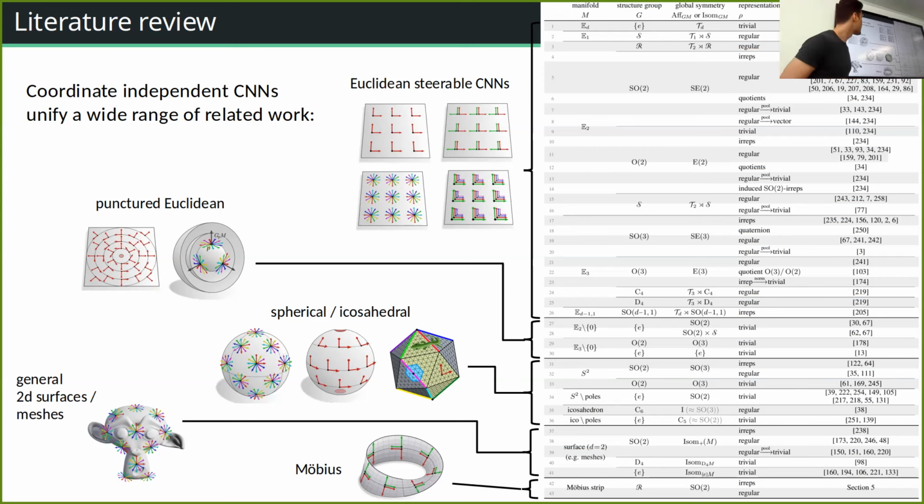So we have different choices of manifolds, different structure groups and G-structures, different global symmetry groups, different choices of field types or representations. And then you see all these things here are citations of different papers. And whatever they developed somehow fits in our framework if we make the right choices here. So it's very, very general, which is usually, if you generalize things mathematically in physics, you always end up with differential geometry, and apparently it's the same in deep learning.